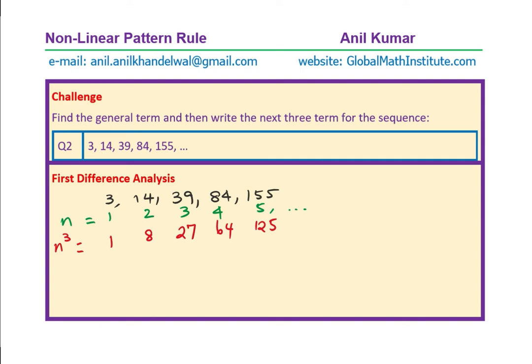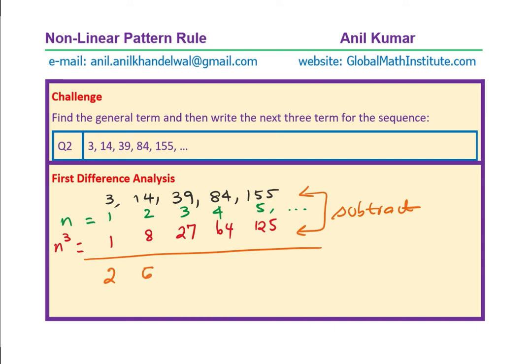Now once you have this, in that case, what is left? Let us check what is left. So we are now looking into these two equations. Subtract. 3 take away 1 is 2. 14 take away 8 is 6.